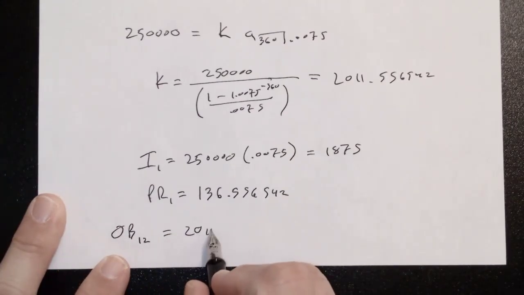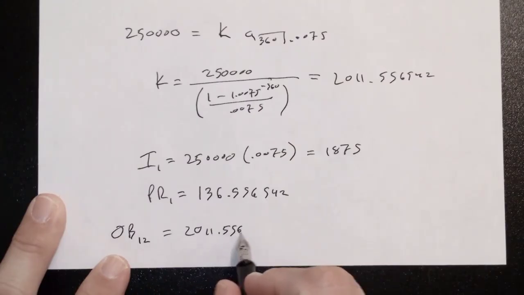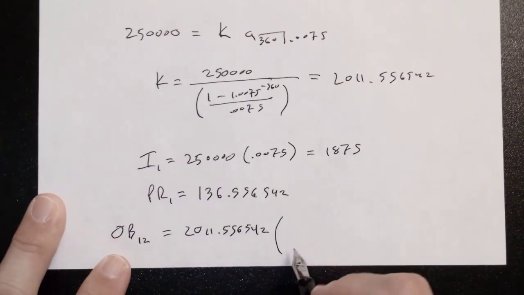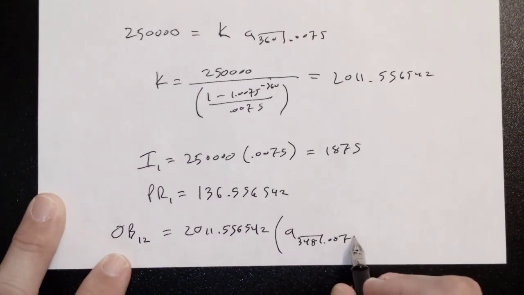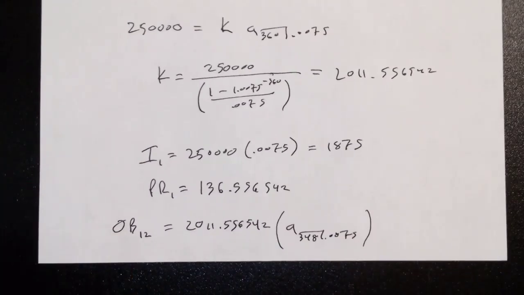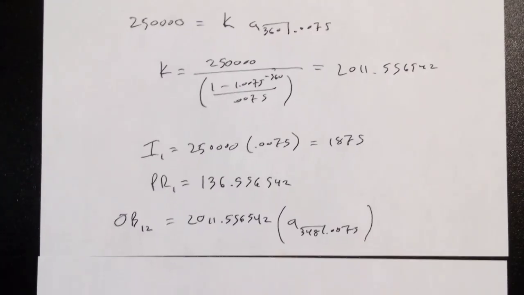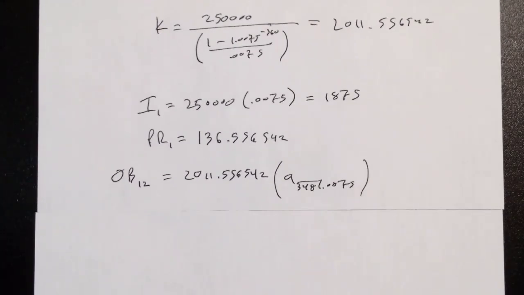is 2011.556542 times a 348.0075. Because it's n minus t, n minus 12, I still have 348 payments outstanding. So how much is my outstanding balance?